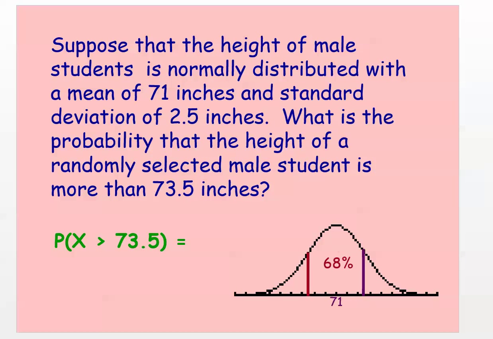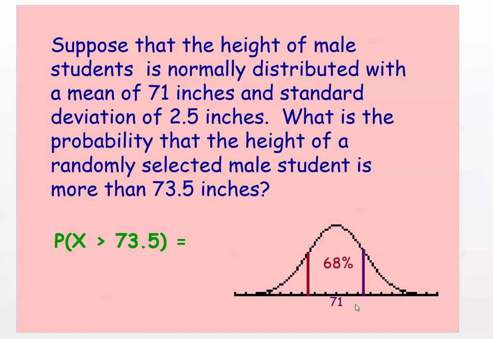So say we're told that a group of male students is normally distributed with a mean of 71 inches and a standard deviation of 2.5. What's the probability that the height of a randomly selected male student is more than 73.5? Well, what's the significance of 73.5 and 71 and 2.5?